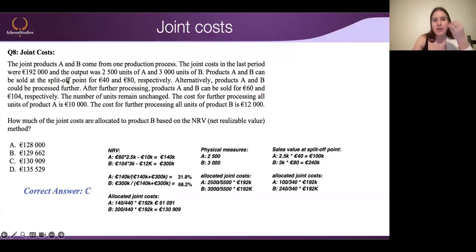Just pay attention that the question says these prices are straight after the split off. We don't need income necessarily; we just need the sales value straight after the split off. Therefore, we simply take the price without the separable cost calculations. After the split off, we don't have any separable cost, just the joint cost that we need to allocate.